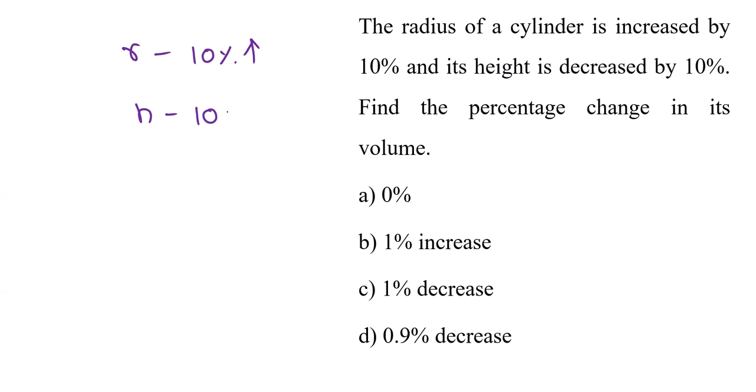What is the percentage change in volume? Has anyone done it? If not, please unmute and let me know the answer. This is also related to percentage change, the net effect concept. The volume of a cylinder, pi r square h, is the formula, fine, but what is the percentage change in the volume is the question.